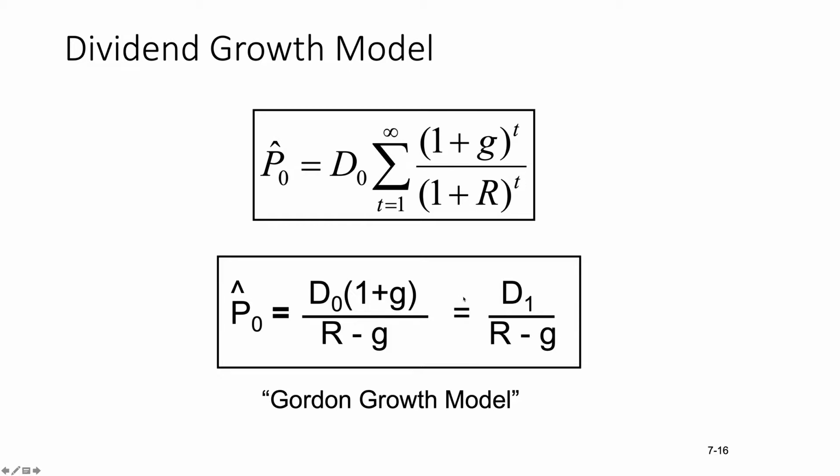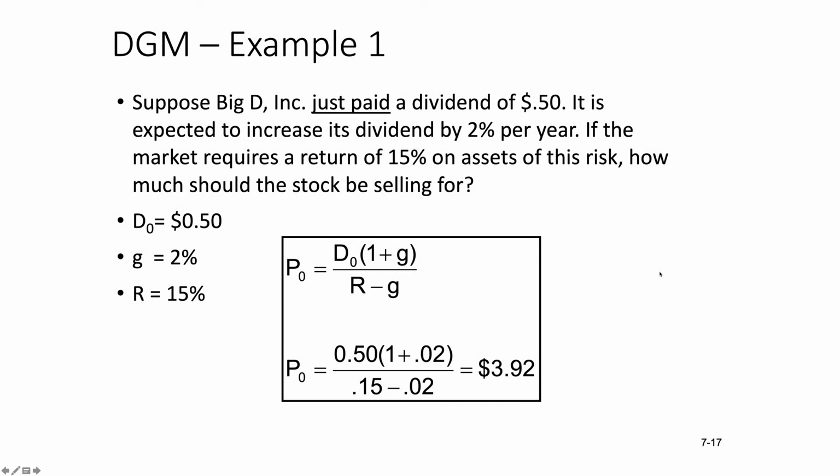Let's do one example. Suppose a company called Big D just paid a dividend of 50 cents. It is expected to increase its dividend by 2% per year. If the market requires a return of 15% on assets of this risk, how much should the stock be selling for?